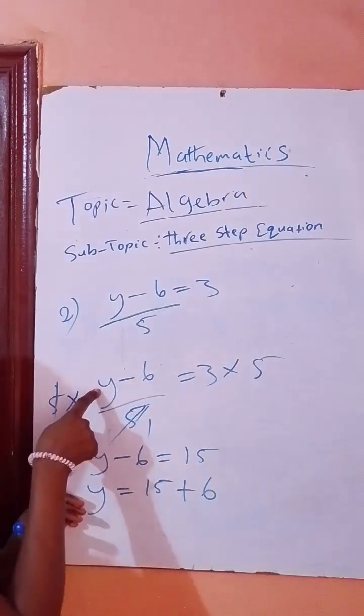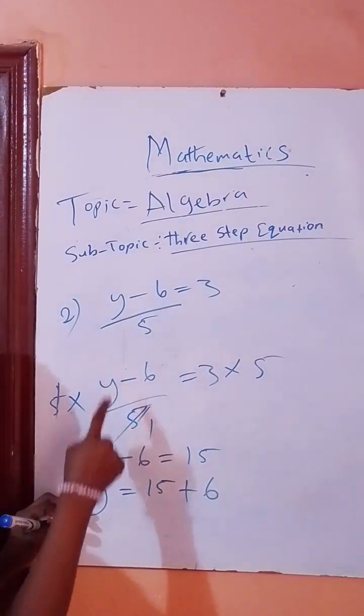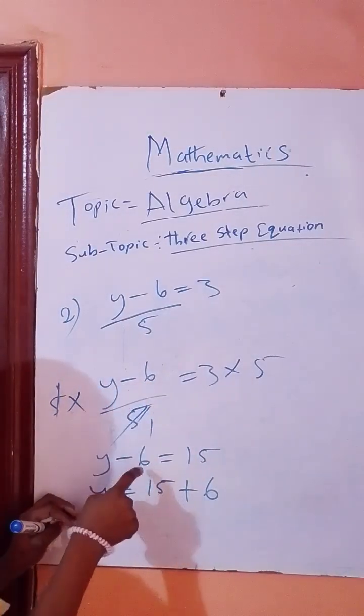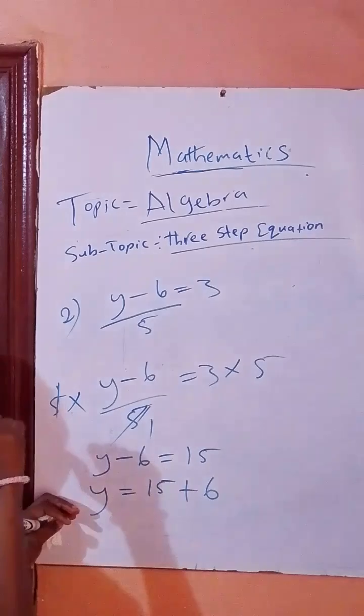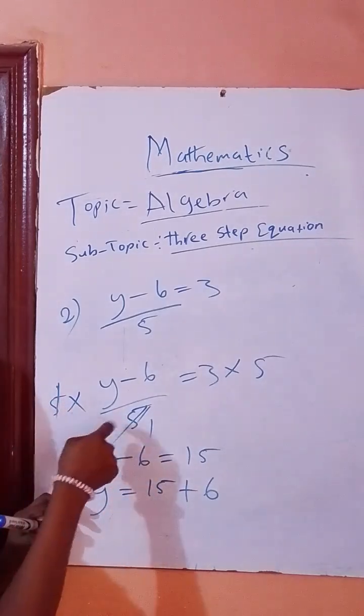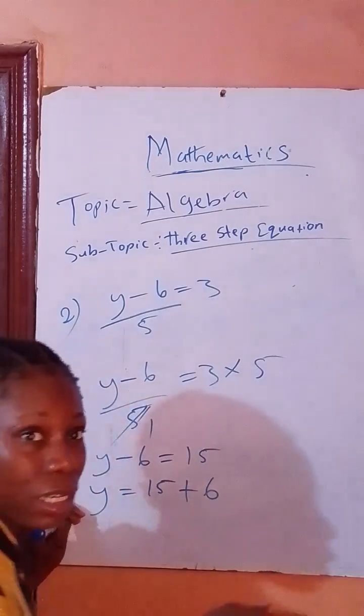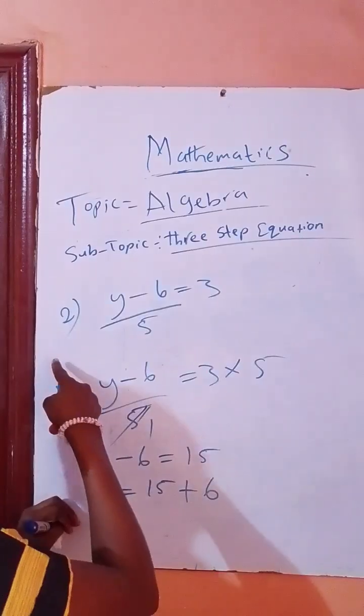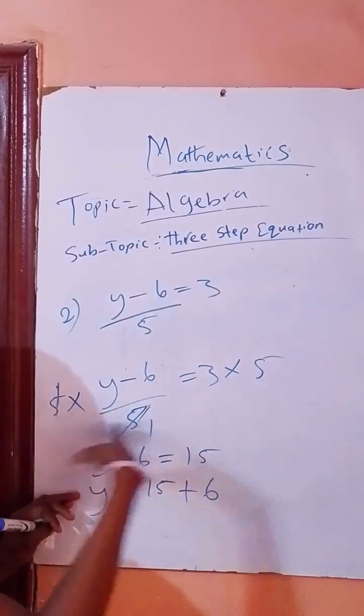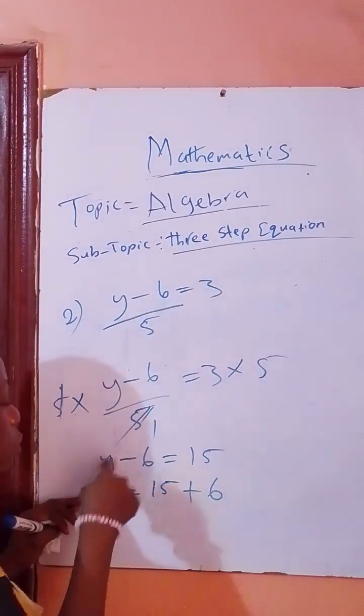Look at this y, this minus sign, and this 6. This 5, we eliminated it because we multiplied both sides by 5. This 5 cancels this 5, that means that one is out. This is what we are left with.